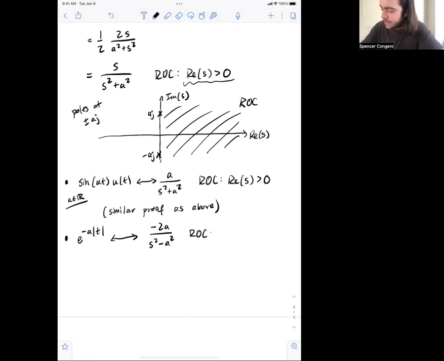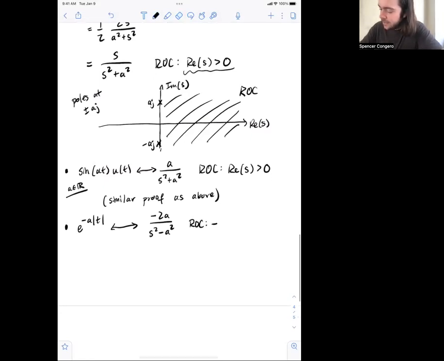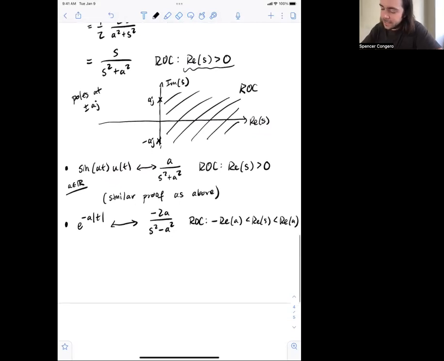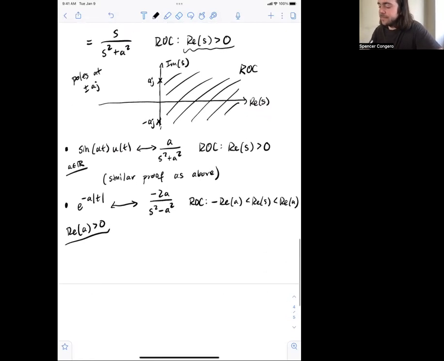And the ROC is actually a different type of ROC as we've seen, and we'll talk about this more in a second. It's actually going to be when the negative real part of a is less than the real part of s, and that has to also be less than the real part of a. So it's going to be this kind of little strip in the complex plane, and we also are going to take the real part of a to be positive here. Okay, so that's another condition.